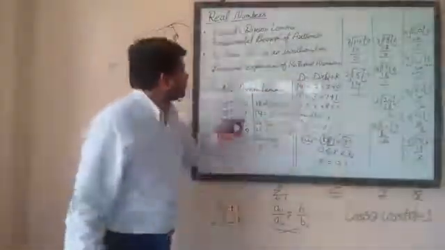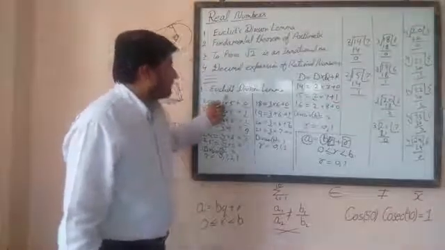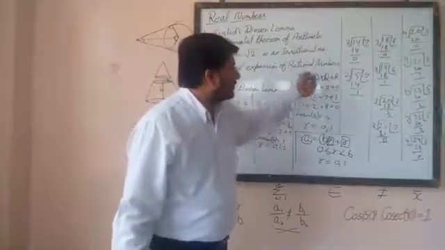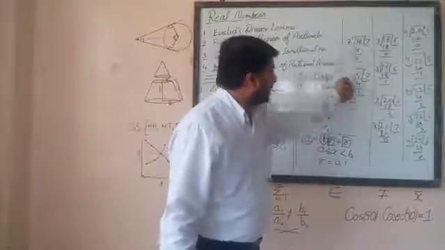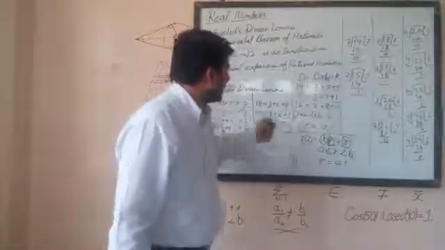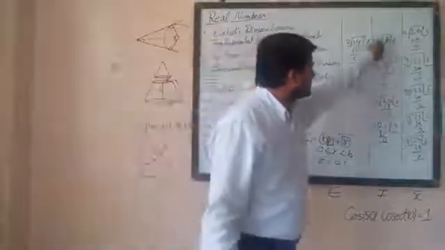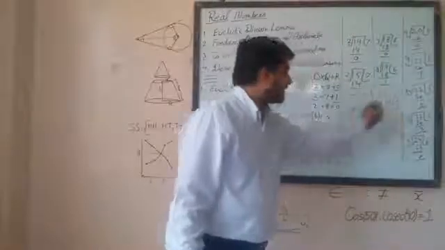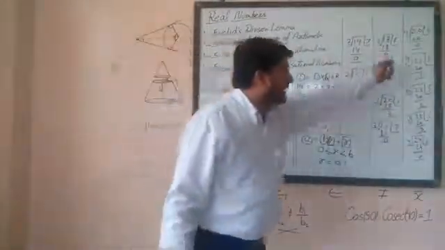So for preparing your notes, you may note down this. Under the first topic, Euclid division lemma, you may note down first this example with these calculations. You will write on the right side of the page, and then this example.